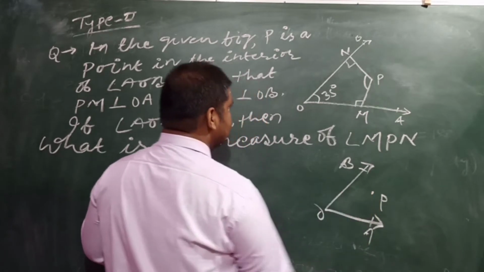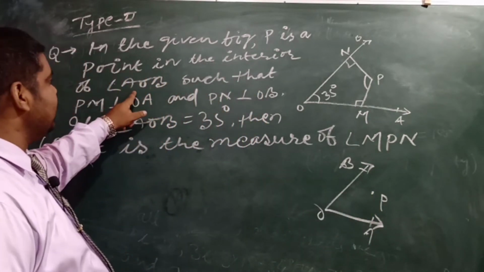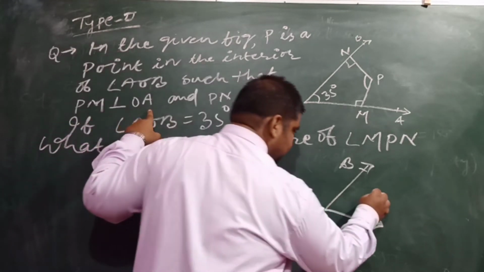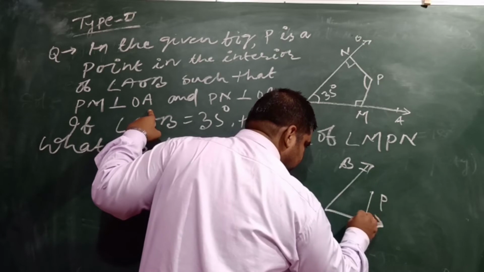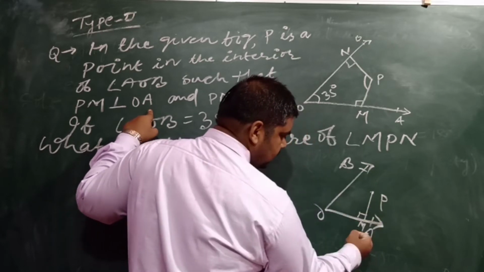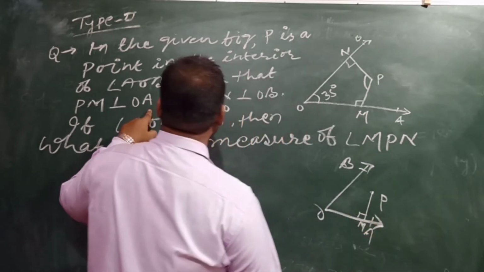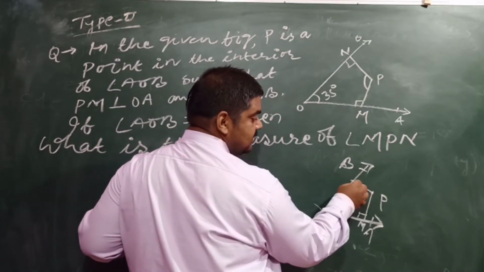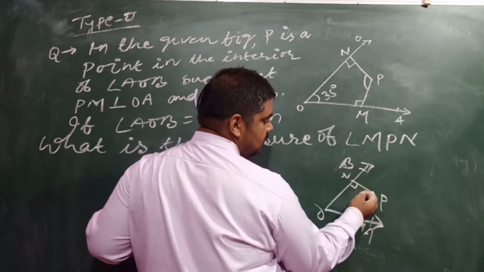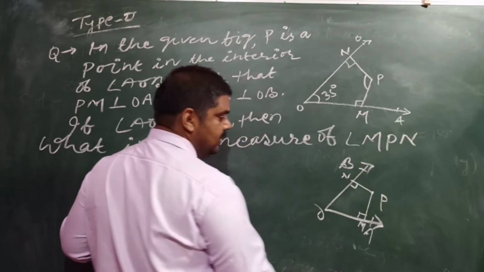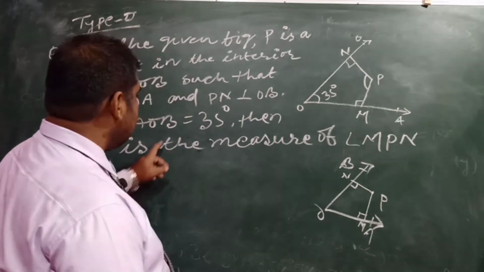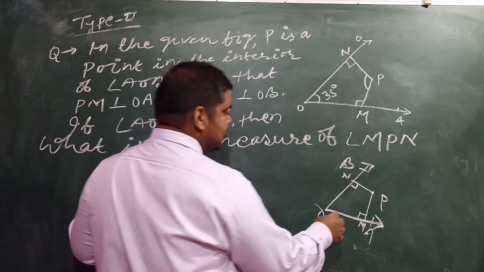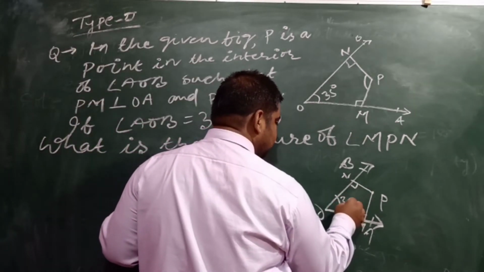It is also given that PM is perpendicular to OA, and PN is perpendicular to OB. Perpendicular means 90 degree. One more piece of information given is that angle AOB is 35 degree.